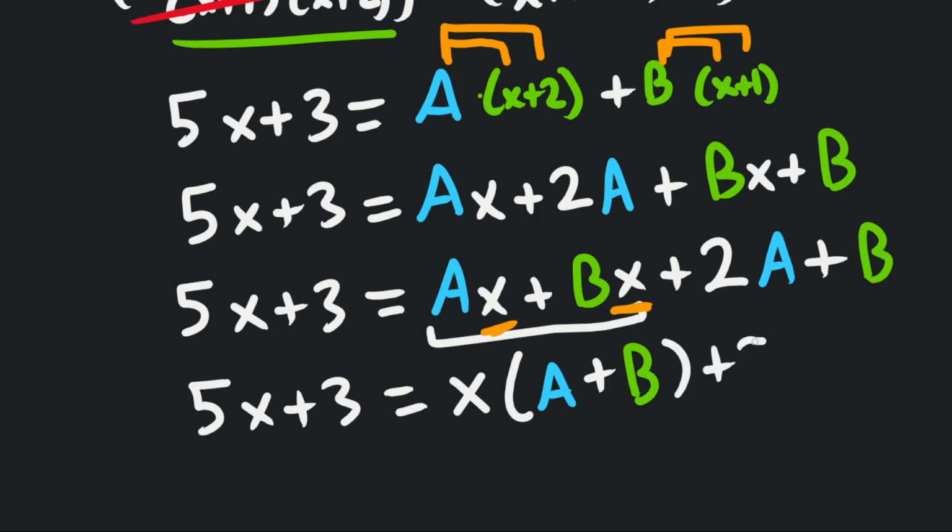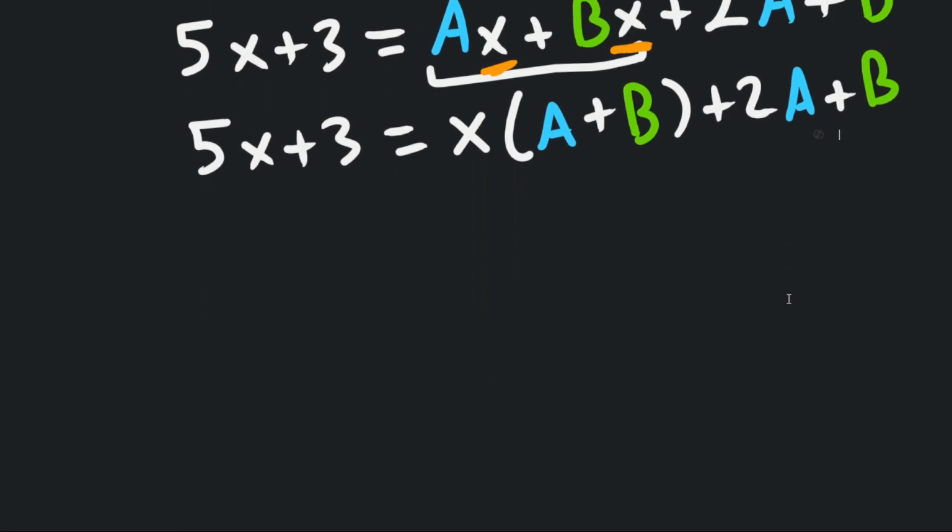And then the rest of it, plus 2a, so plus 2a plus b, plus b. Perfect. And then right here, you might notice something. On the left side of the equal sign, we have 5 times x, and on the right side of the equal sign, we have x times a plus b.